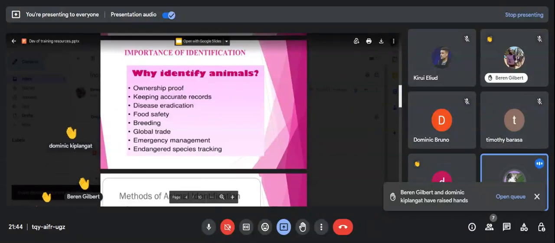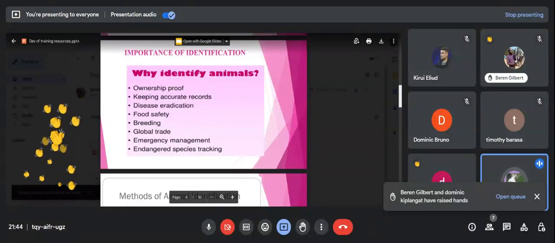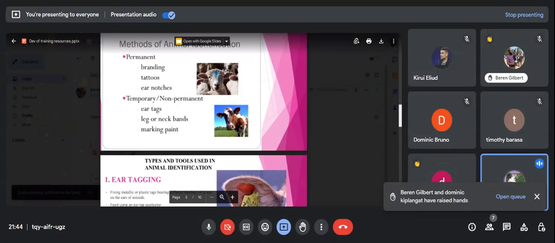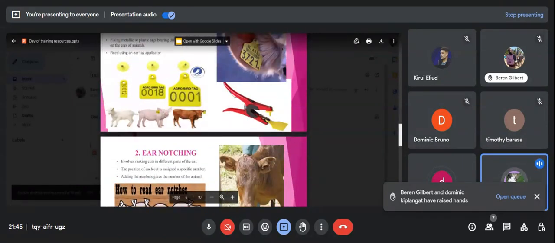We have the methods. There are two types of methods that we look at. There is permanent and temporary or non-permanent. As you continue with the types, you'll be able to know if it is a permanent or temporary type. So we start with the first one, which is ear tagging. And as one of you had said, you had observed ear tagging as a type.